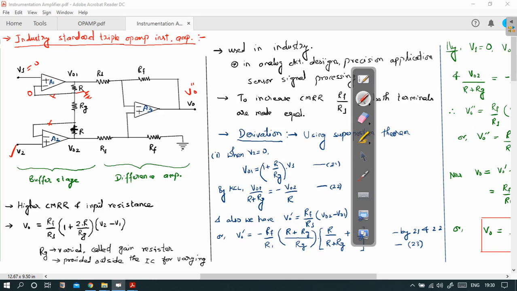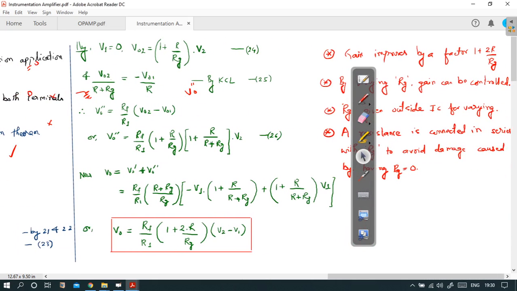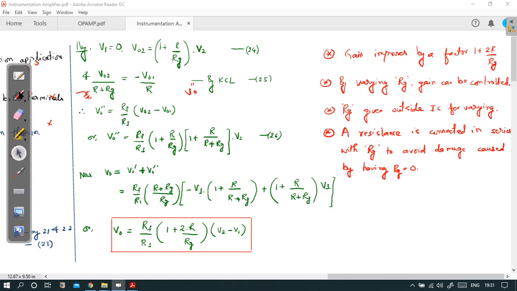This equation would be used and KCL would be applied at this node, assuming that the input current into op amp A1 is 0 and also the input current into op amp A2 is 0. Assuming V1 is equal to 0, that will act as a non-inverting amplifier.